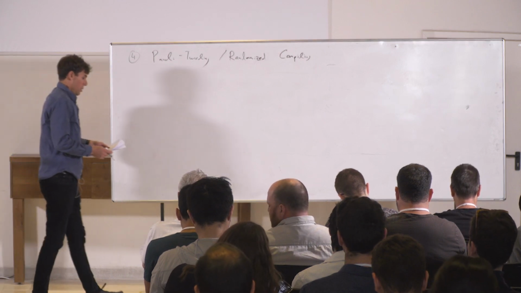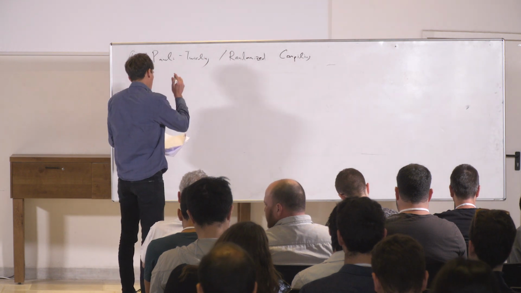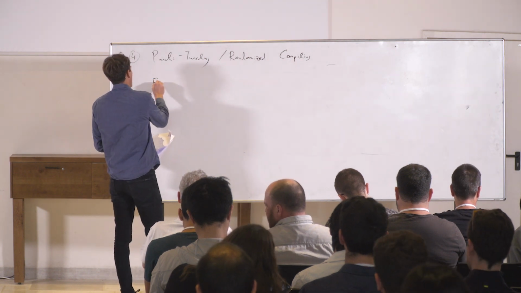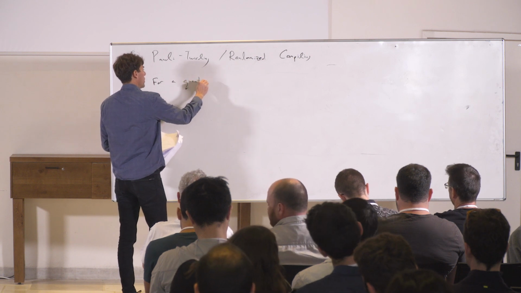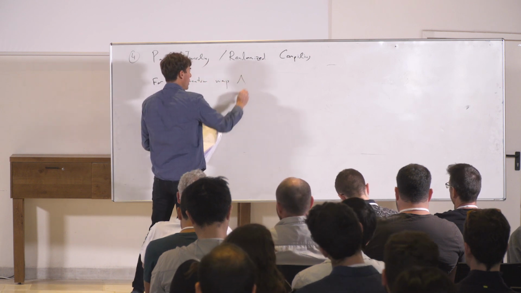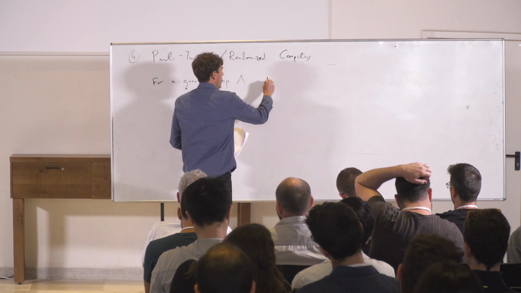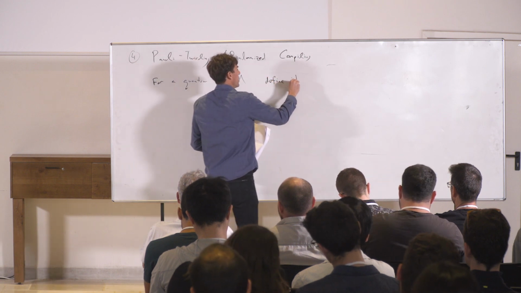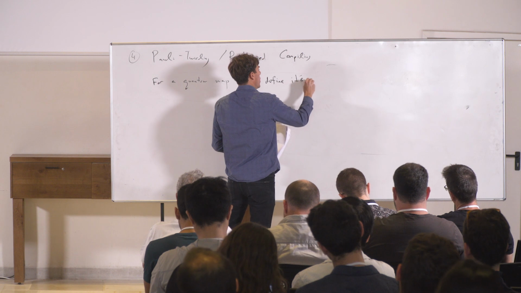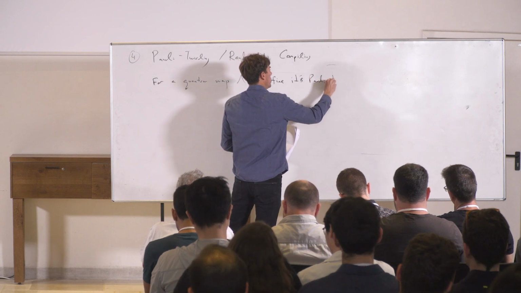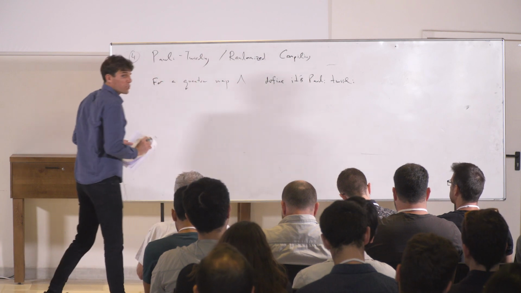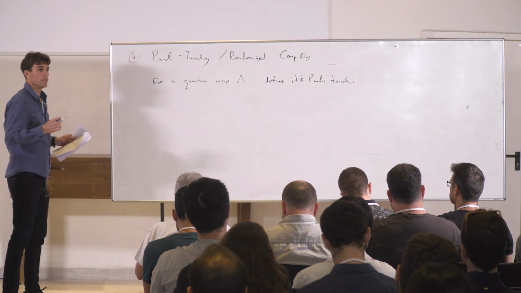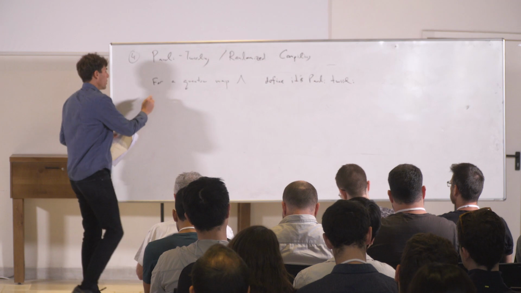Okay? So I'm going to define, for a quantum process lambda, its Pauli twirl, in the following way. Okay, so we're going to first write it in super operator language and then in regular kind of operator language.